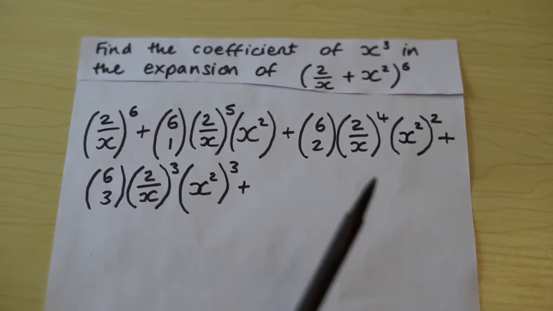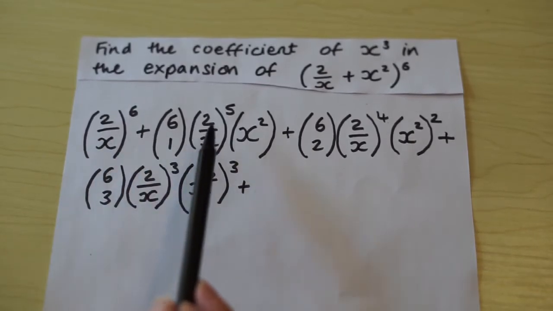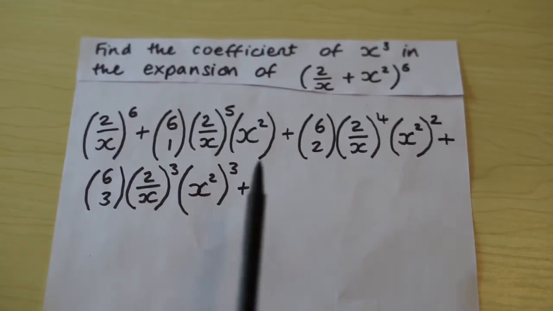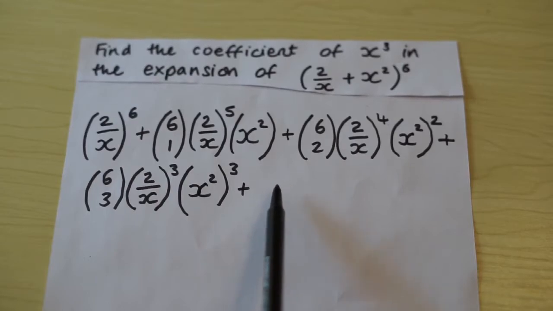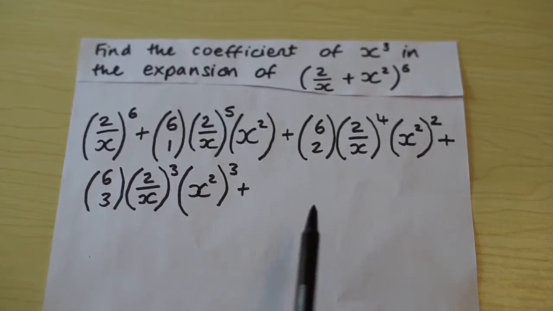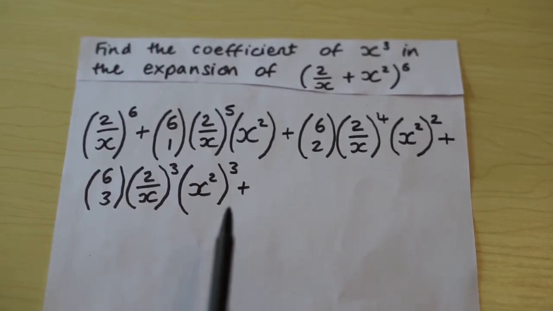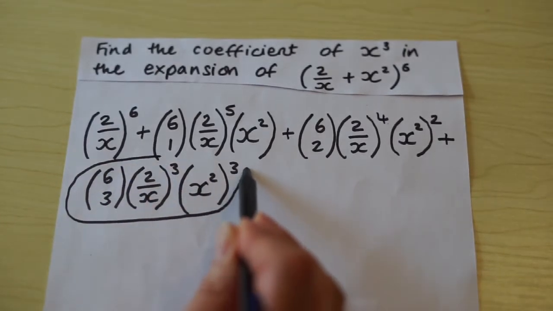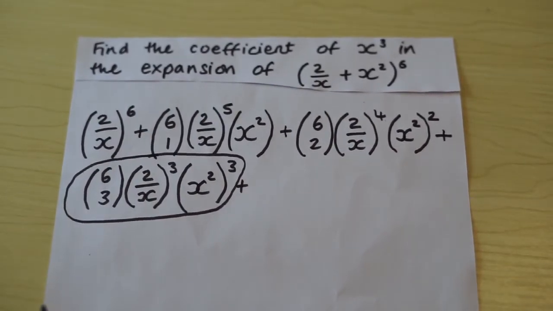So we can see that the x power across this is going up by 3. If we carry on, we'd expect the next one to be, I'm sure you're saying this out loud to yourself, x to the 6. So we will never have another x to the power 3 again. So we're safe to focus on this term if we want the coefficient of x to the power 3.